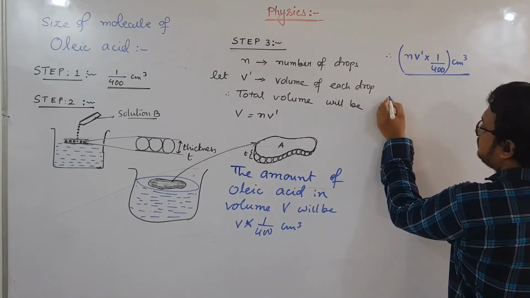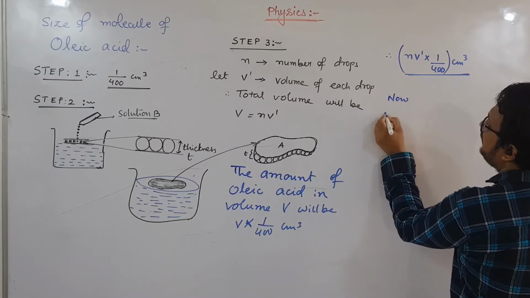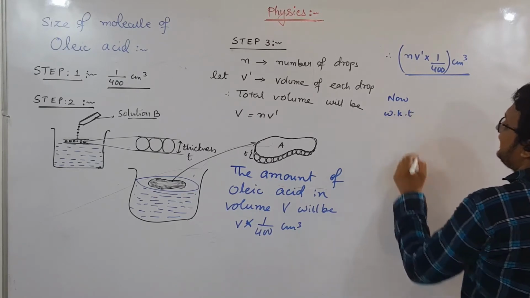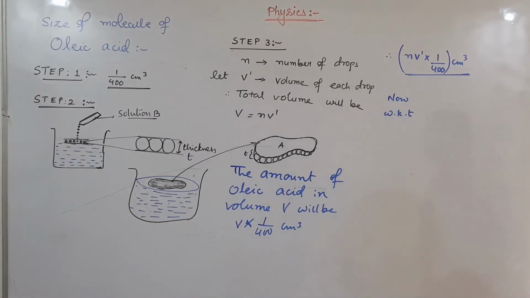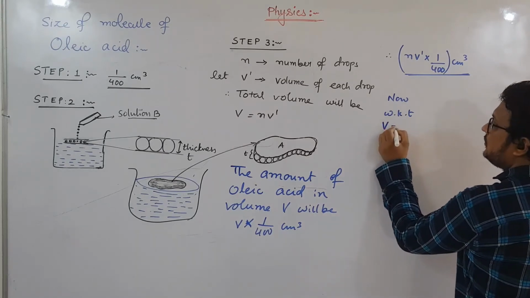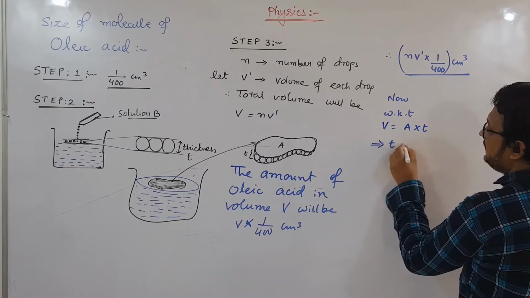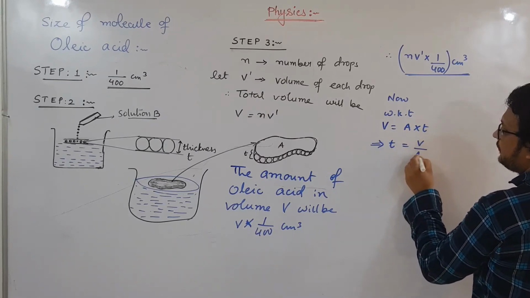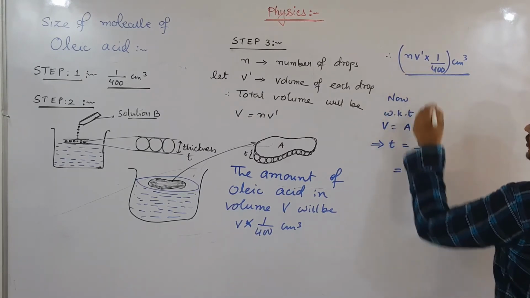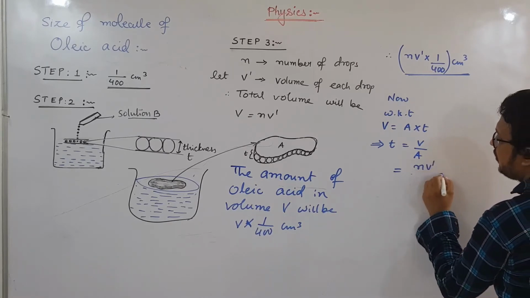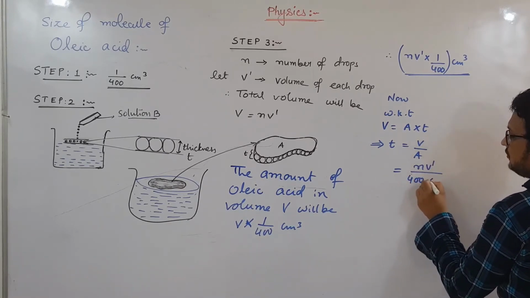Now, we know that, at the beginning of this lecture, we discussed that volume is equal to area into thickness. So thickness will be equal to volume over area, that is n V dash over 400 into area.